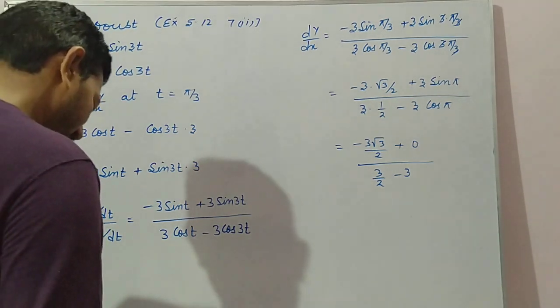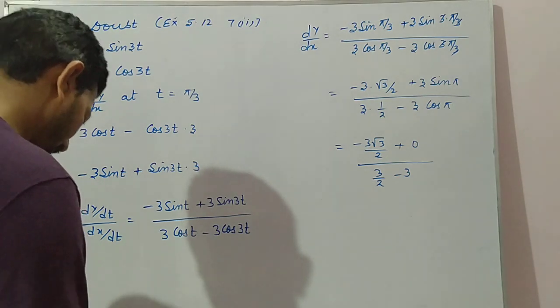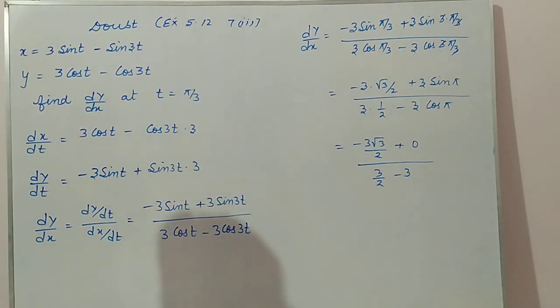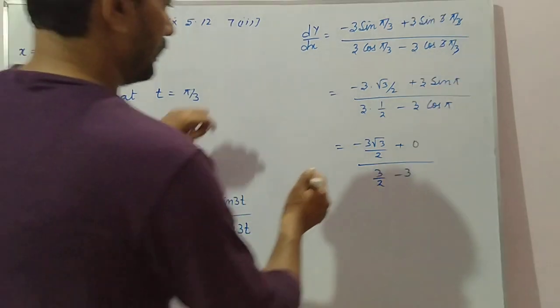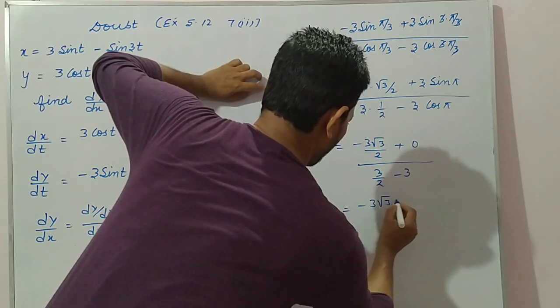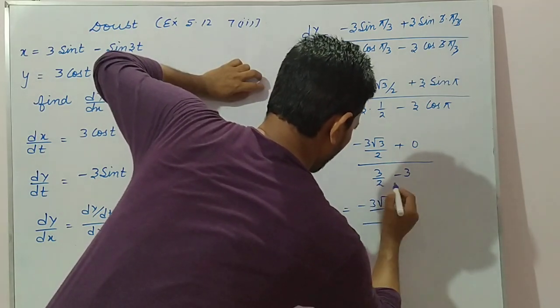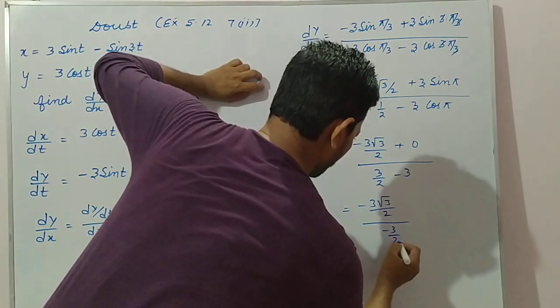Now here, this one is minus 3 root 3 by 2, and here when we take LCM, this was 6 minus 3 by 2.